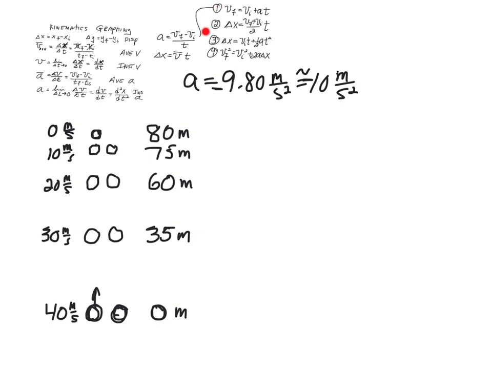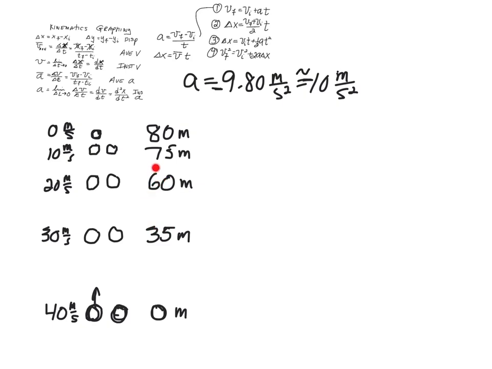Now what I did was I used the kinematics equations, right? Those 4 equations. You can use either one of these to calculate the delta x. This is really a delta y. And these are the numbers I got. So in the first second, it goes up 35 meters. In the next second, right, it's slowing down, so it only went up another 25 meters to 60.